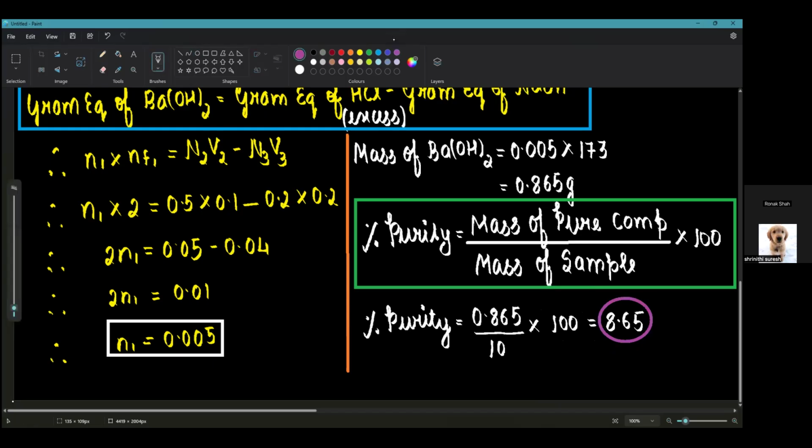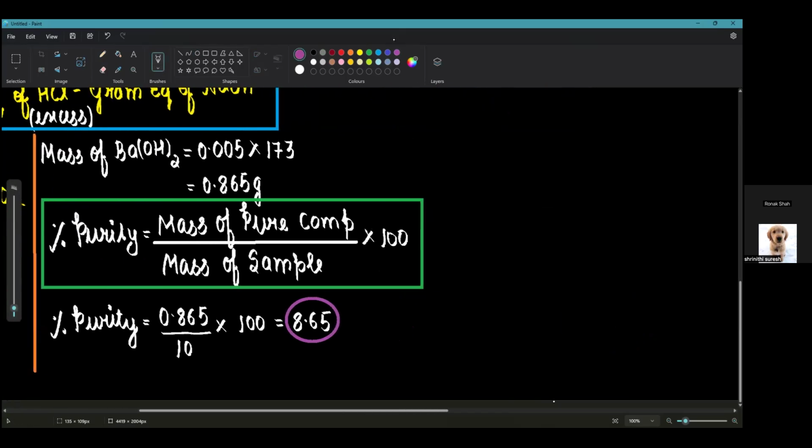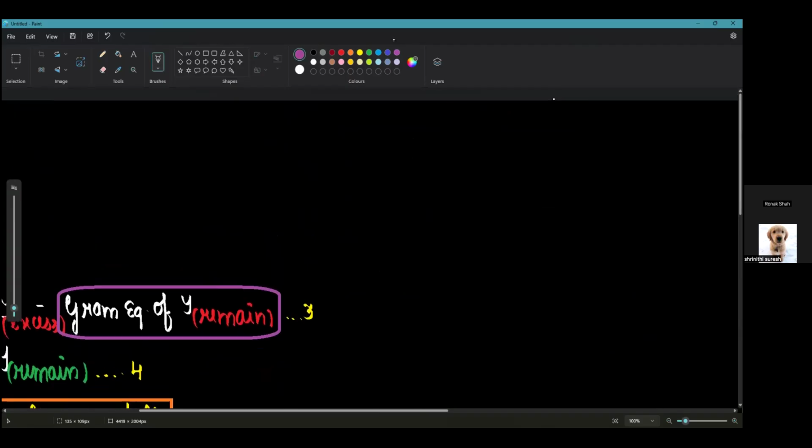Got it? Yes, sir. So have you understood the concept of back titration? Yes, sir. Okay. Now the last type of titration that we have to do is called double titration. Double titration is basically used to find the mass of a compound in a given mixture.